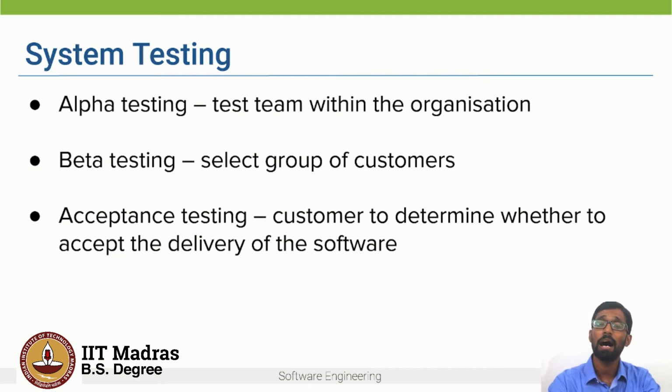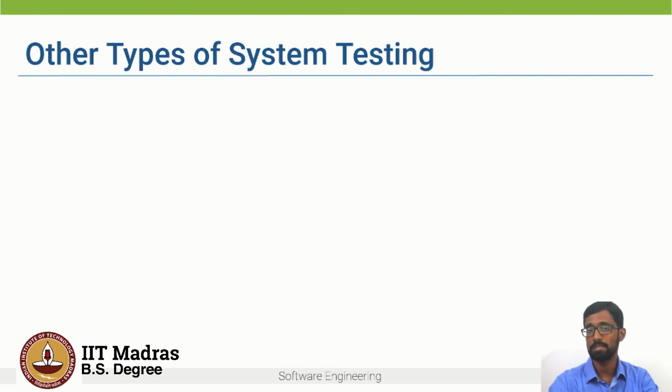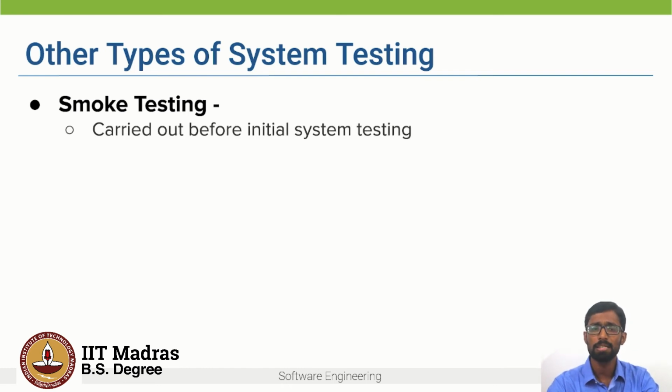Now there are other types of system testing as well. So let's look at some of them. One is known as smoke testing. So what is smoke testing? In smoke testing, firstly it is carried out before the initial system testing. So before sending it out for alpha testing or beta testing, we do smoke testing.